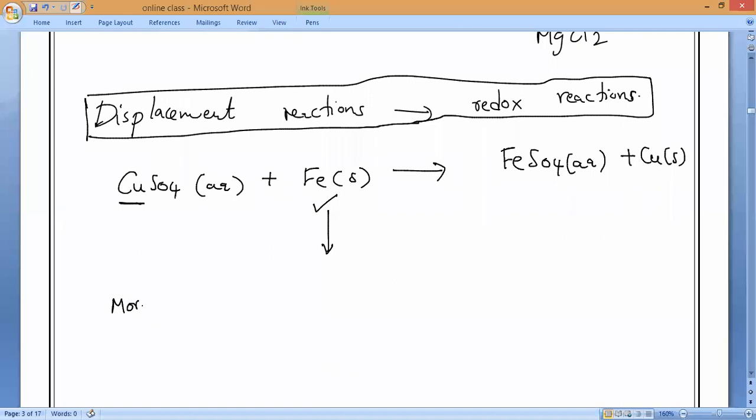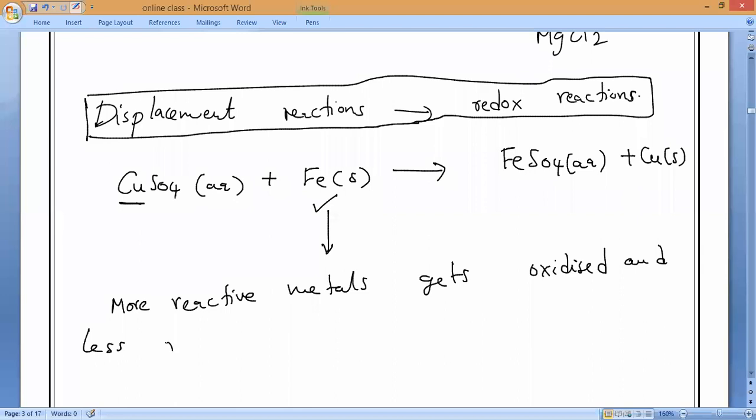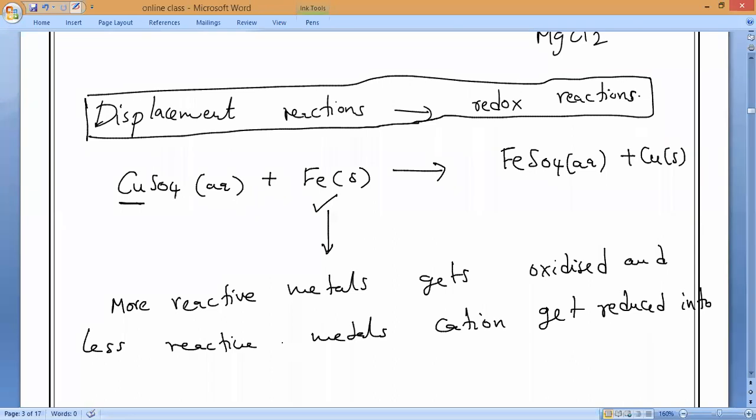So all of you remember: in a displacement reaction, more reactive metals get oxidized, and less reactive metal cations get reduced into metals.